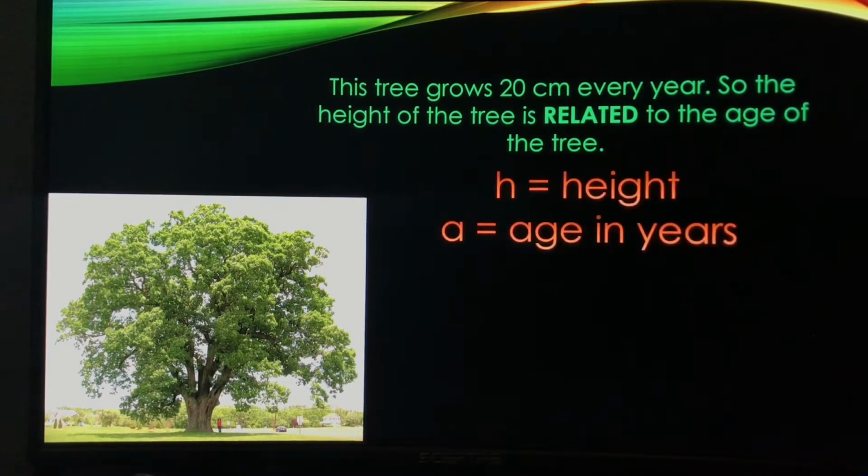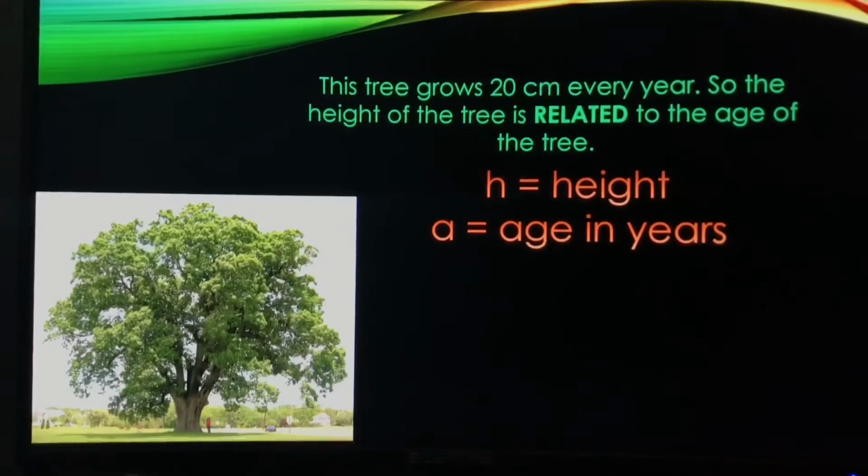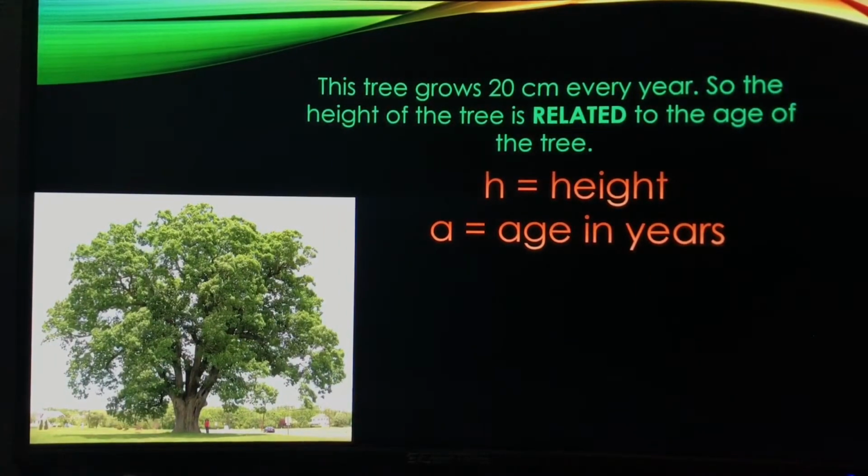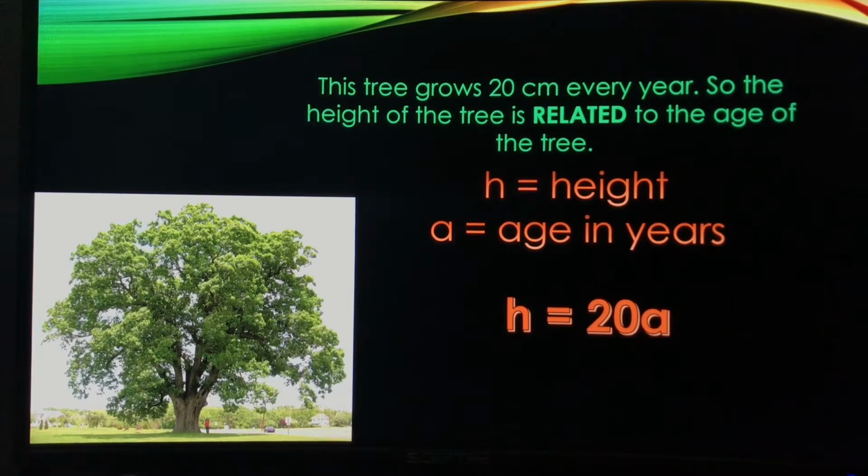So we're going to say h represents the height and a is going to represent my age. So I could say that my height is going to result as I multiply the number of years times 20. What I've just created here is a linear function.